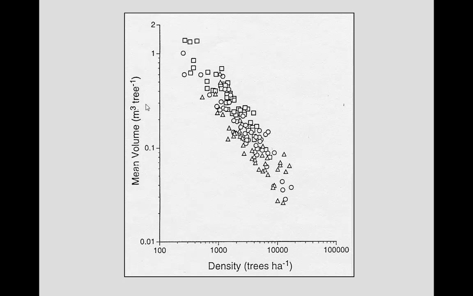Lots of stands. I've forgotten how many of them there are. There's a bunch. They range in age, and more to the point, there's tremendous range in site quality, as indicated with site index.